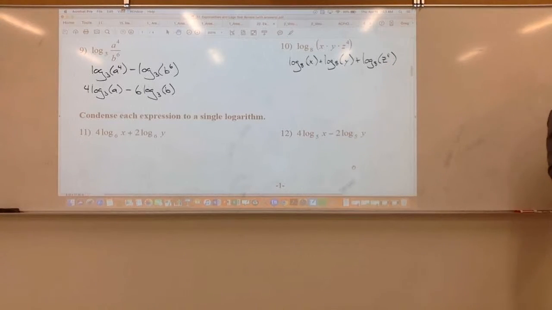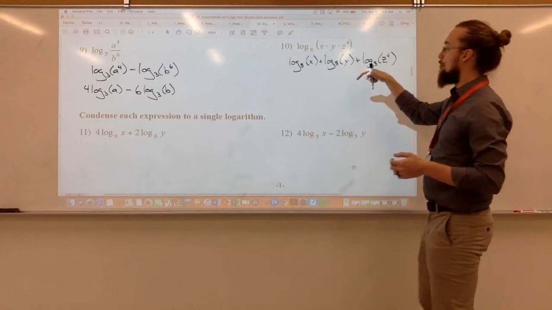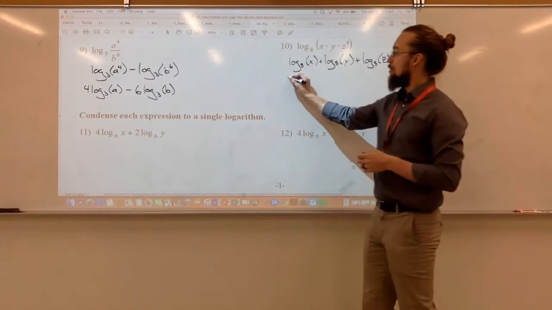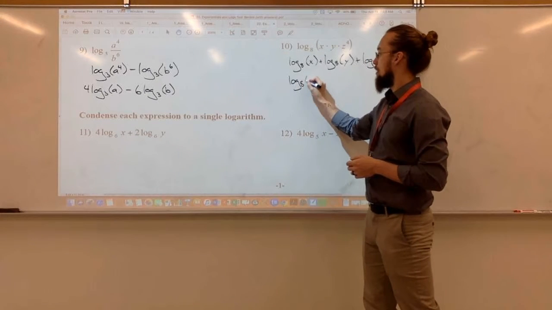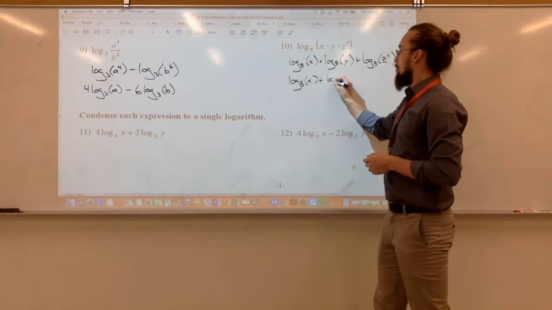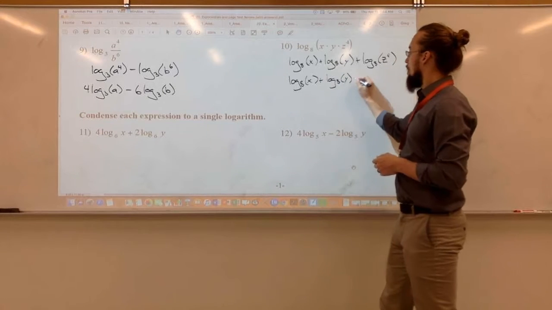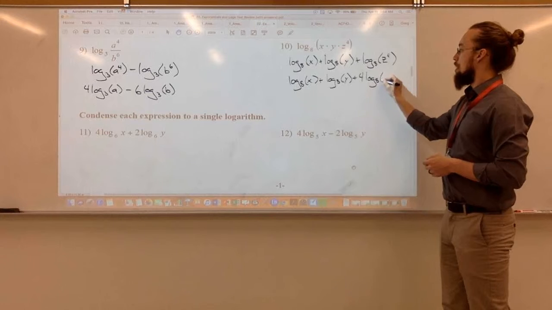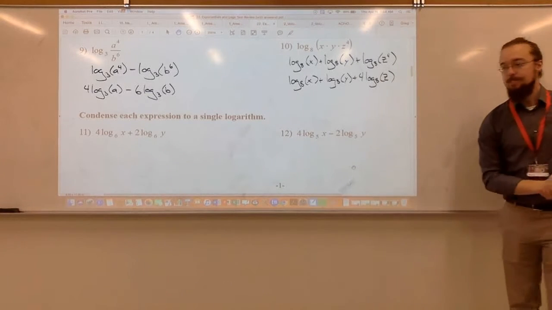Then again, if I have an exponent, I can bring that out front as a coefficient. That only applies to this last log, so these first two will stay the same: log base 8 of x plus log base 8 of y. Now if I bring that exponent out front, 4 times log base 8 of z.